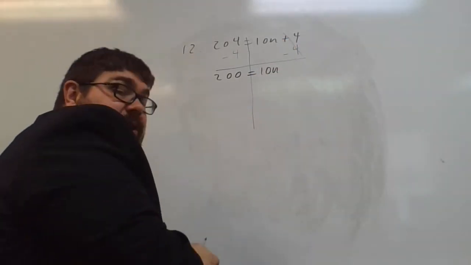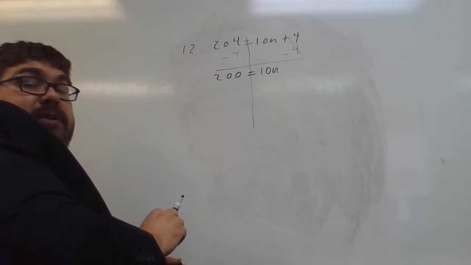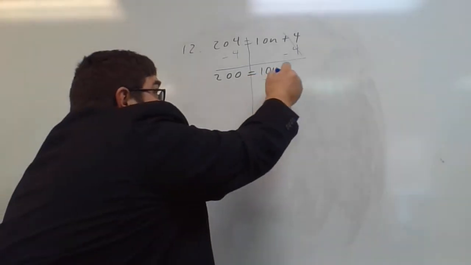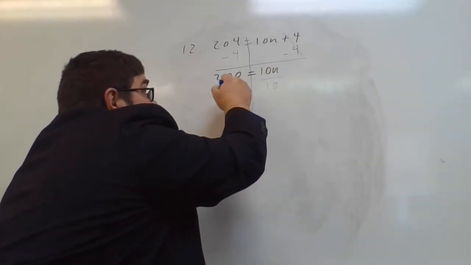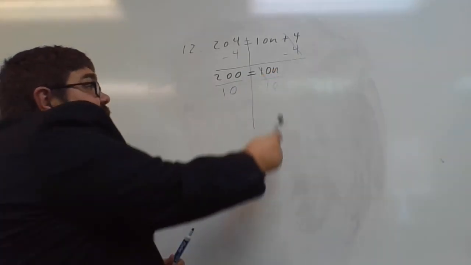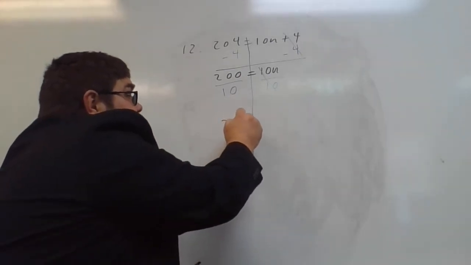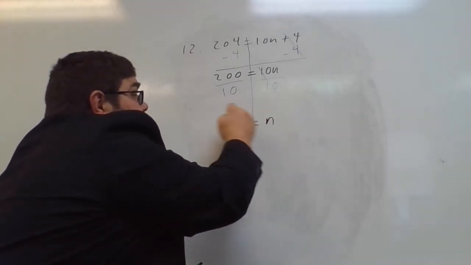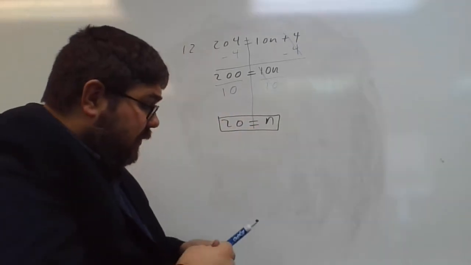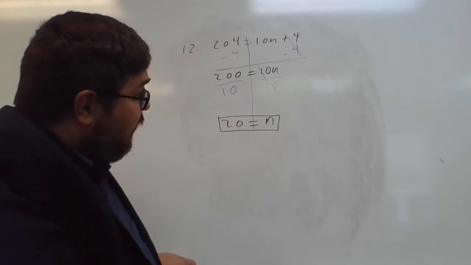Now, one-step equation, 10n, that's multiplication. What's the opposite of multiply? Divide. We're going to cancel the 10's. 200 divided by 10 is 20. So our answer is 20. And that's it. N equals 20.